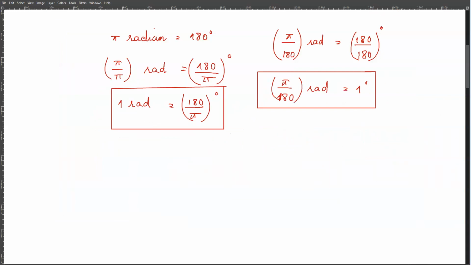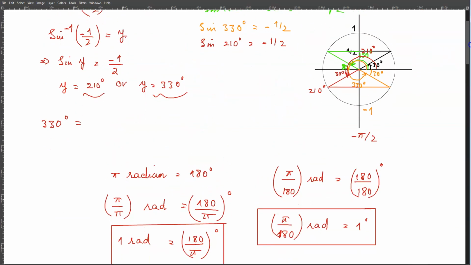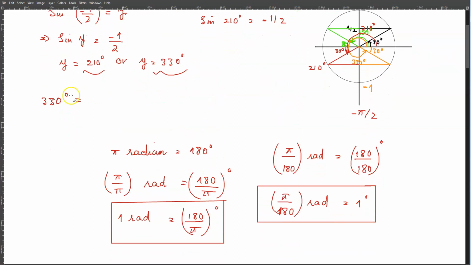So what that means is that if I want to convert this angle into radians, I know that 1 degree is the same thing as pi over 180 radians. That means that 330 is the same thing as 330 times pi divided by 180 in radians.